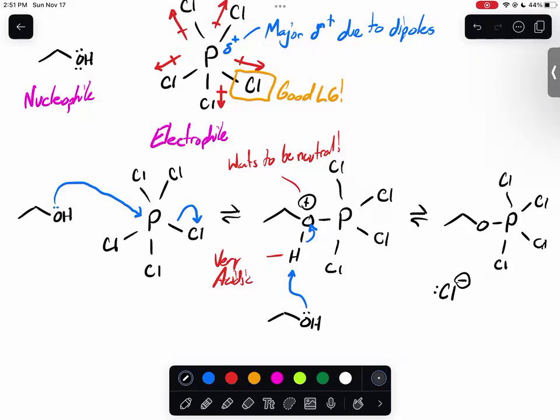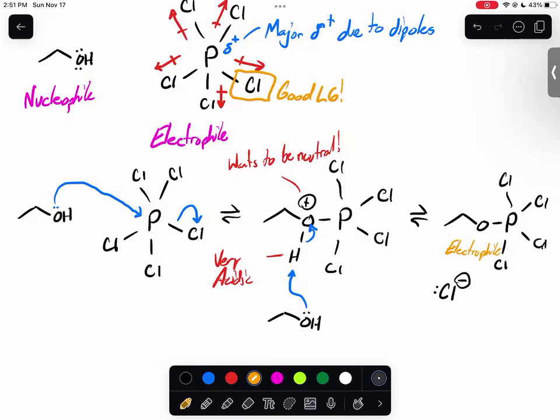Well, looking at what we have here, that phosphorus is still very electrophilic, right? So we would say that overall this is still an electrophile. But the thing is, it's kind of changed in terms of what is electrophilic. Because one thing that we do know after looking into some bond association energies is that oxygen phosphorus double bonds are even more stable than oxygen phosphorus single bonds.